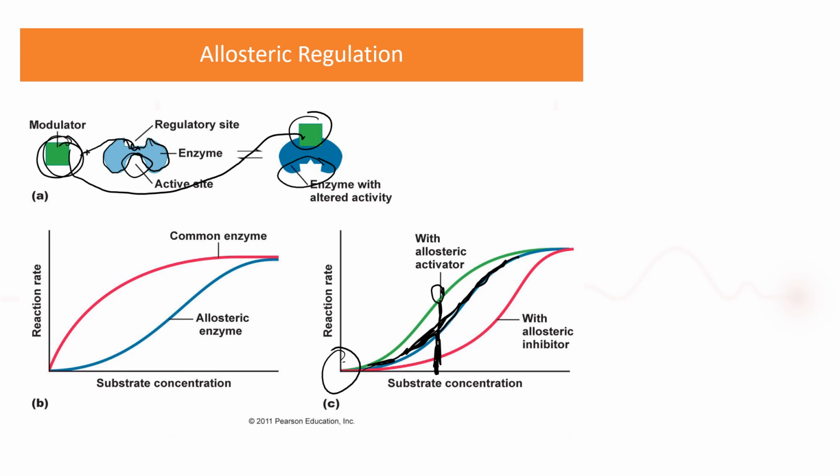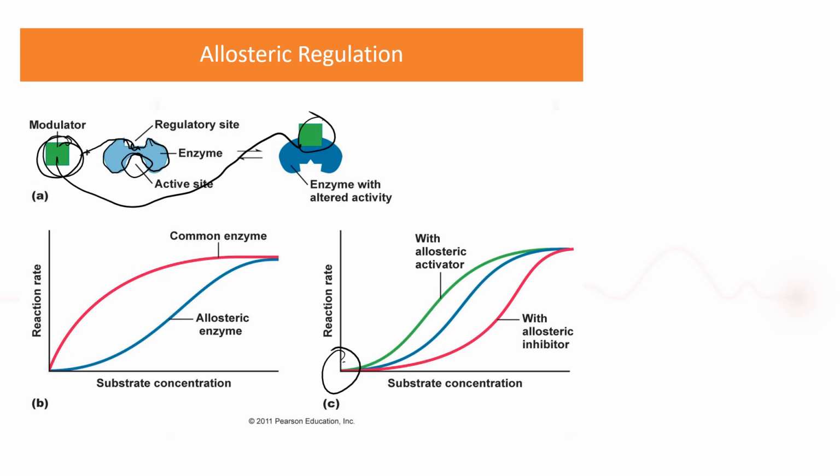Again, my brain immediately starts wanting to give you specific examples of when this happens, but I'm not going to, because you're going to see so much of it in this course that the goal right now is just to make sense of the concept. Okay? So let's do allosteric inhibition. This is the exact same enzyme. We're not changing the enzyme, but a molecule comes along and binds to this regulatory site again.